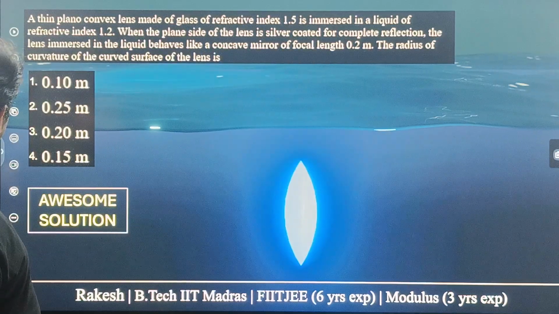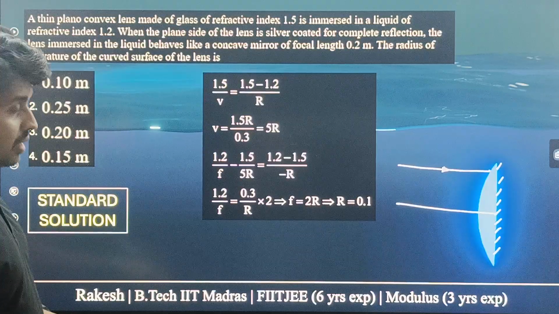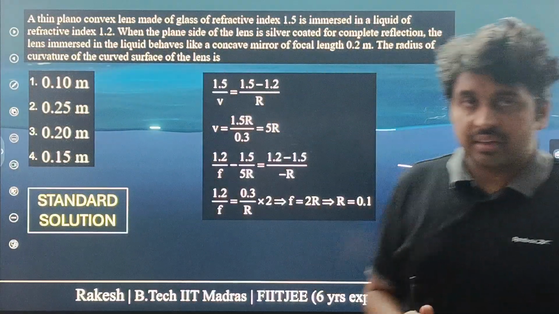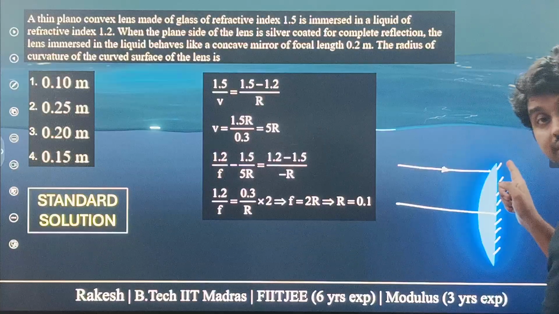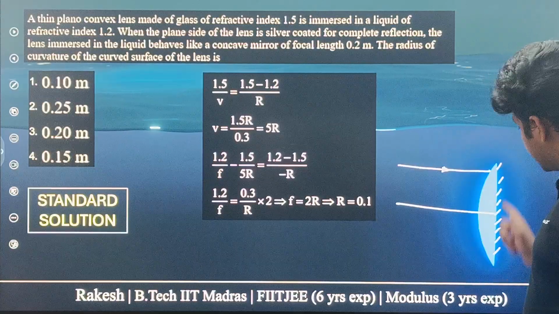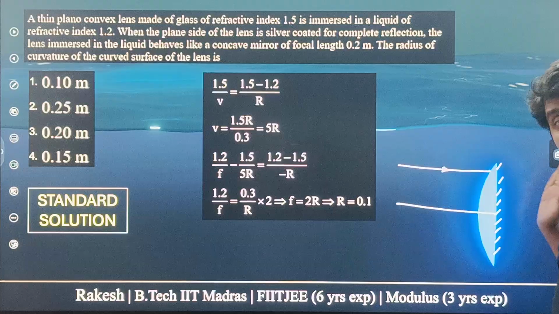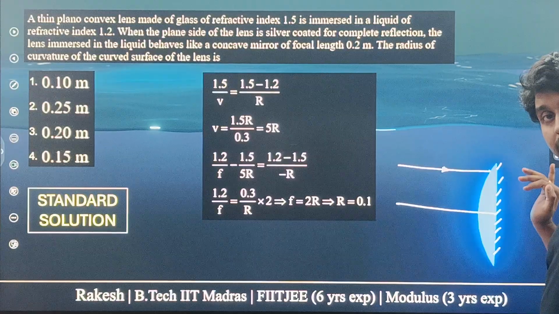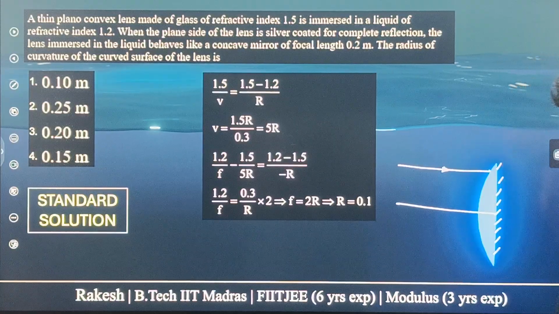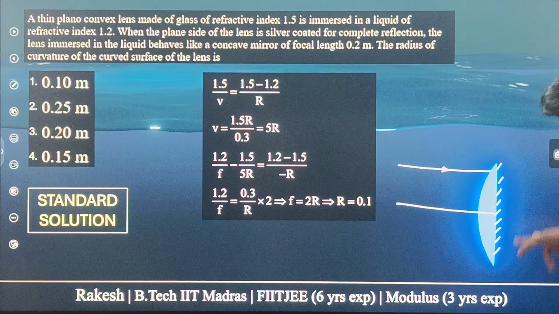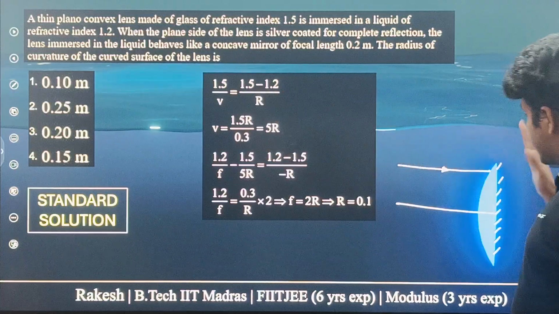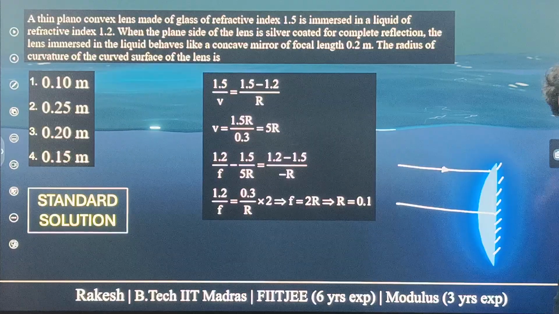The unique method is like this. Suppose this is a plane mirror. In this plane mirror, there is a virtual world, right? Within this mirror, this lens is there, this whole water, everything is there inside this mirror, like a virtual world.